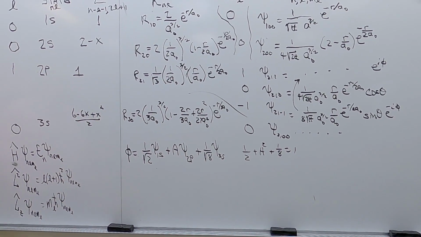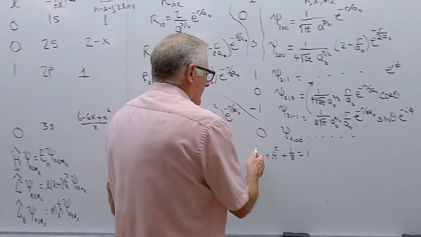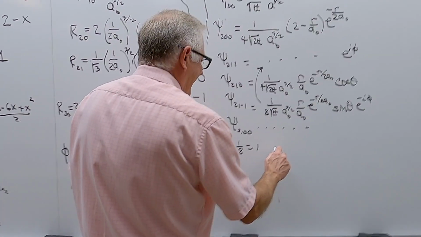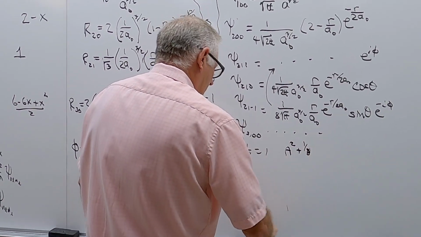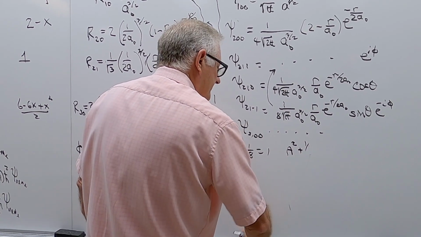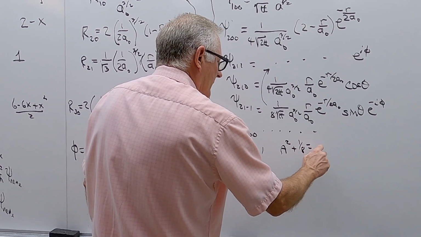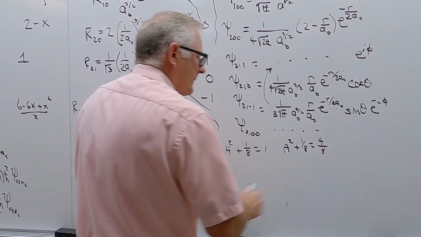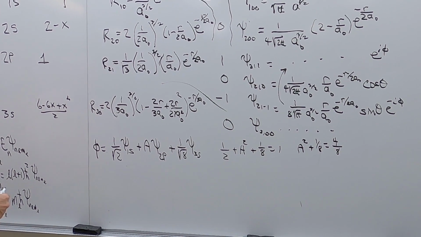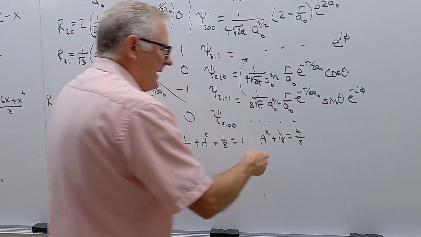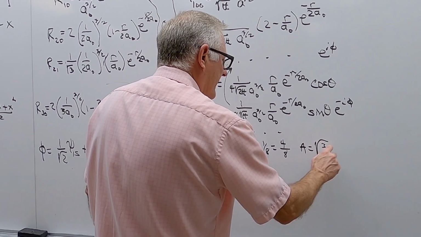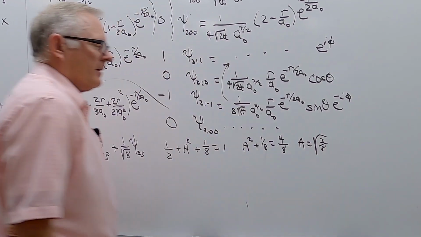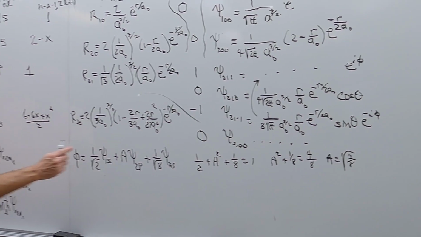Move that over, A squared plus 1/8 equals 1/2, equals 4/8. Subtract out the 1/8, that's 3/8, and take the square root. So A is equal to the square root of 3/8. Okay, so now I know what A is.